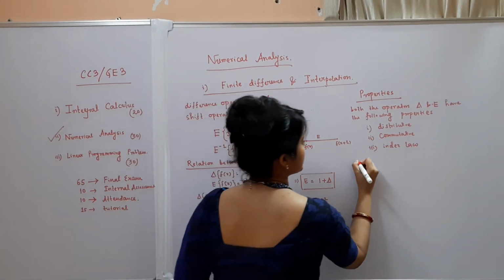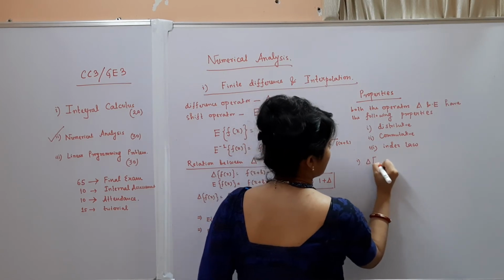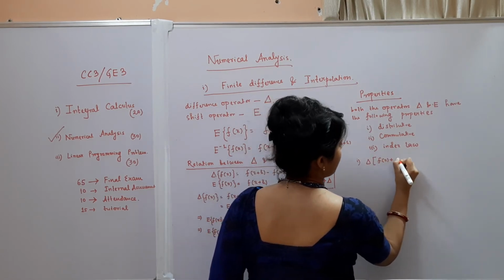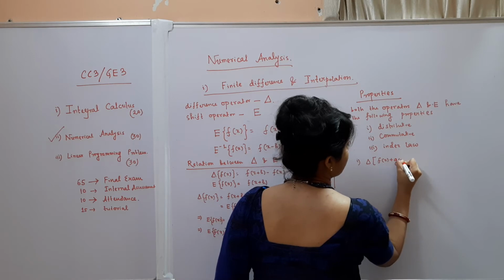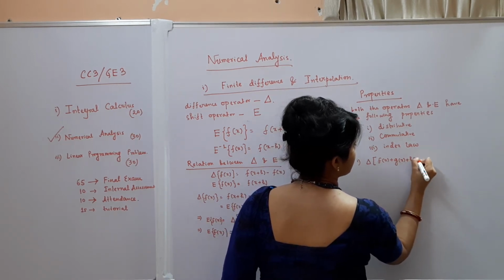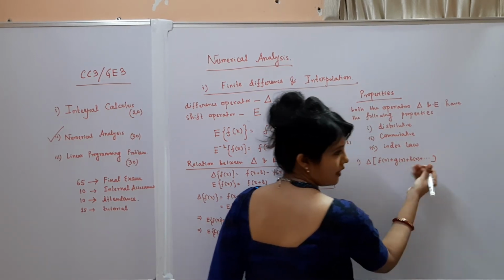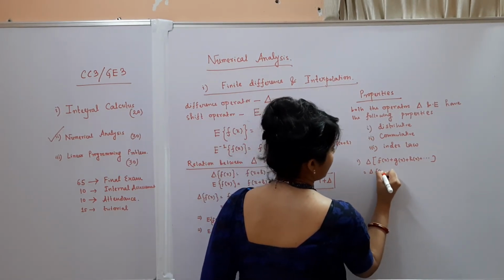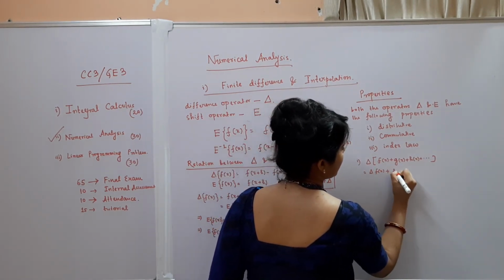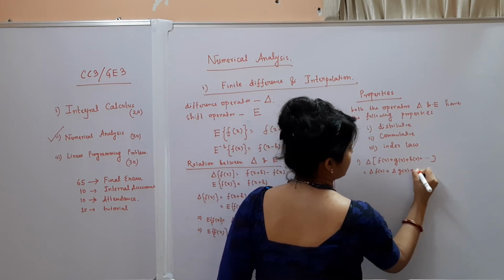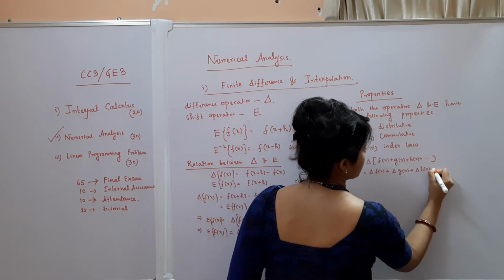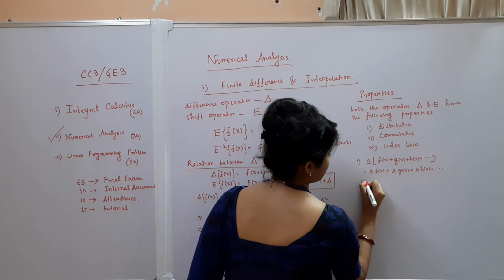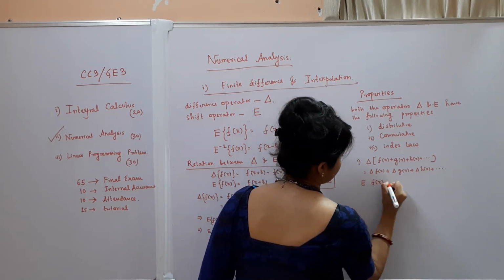So what is the distributive property? Whenever delta is applied on a summation of functions, that is f of x plus g of x plus h of x, suppose there are many functions in the summation form, then delta can be distributed beautifully on each of the functions. This is the distributive property, and it is similar for the shift operator.